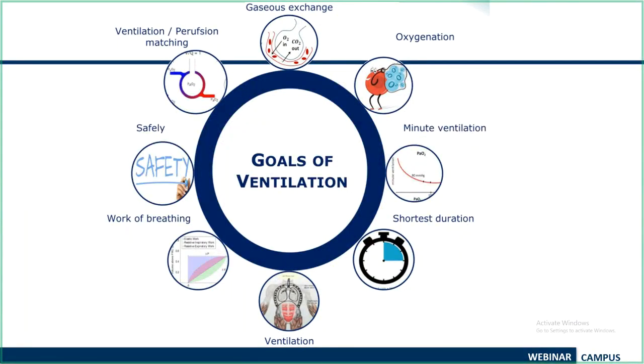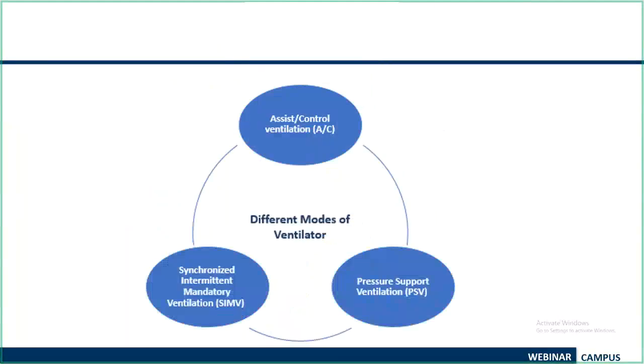Ventilation is also important; Dr. Saneesh has explained the difference between oxygenation and ventilation. Work of breathing has to be reduced. It should be safe. We have to reduce ventilator-induced lung injury. The ventilation perfusion matching has to be dealt with properly. So these are the usual goals.